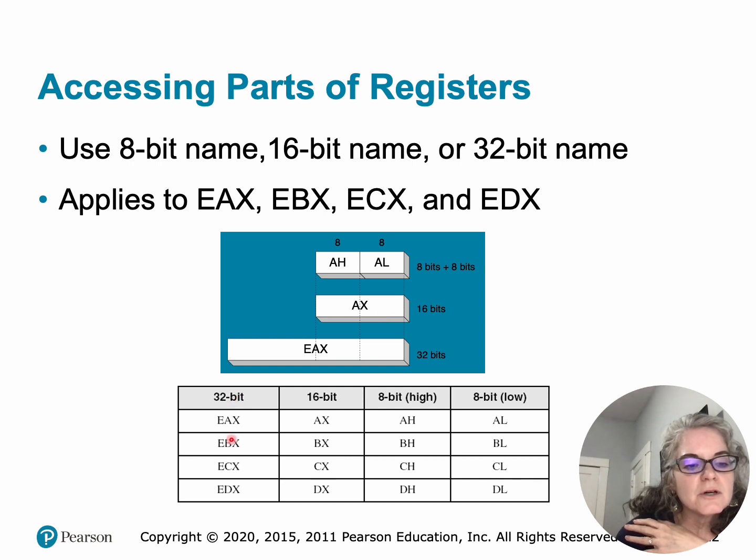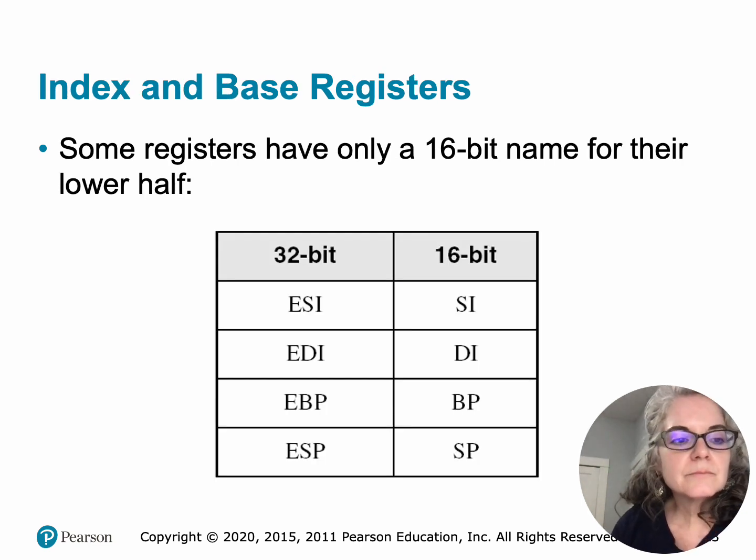So here's just a chart showing the names of the 32-bit registers, the names of the 16-bit registers, and the names of the 8-bit registers, the high and the low. Some registers have only a 16-bit name.